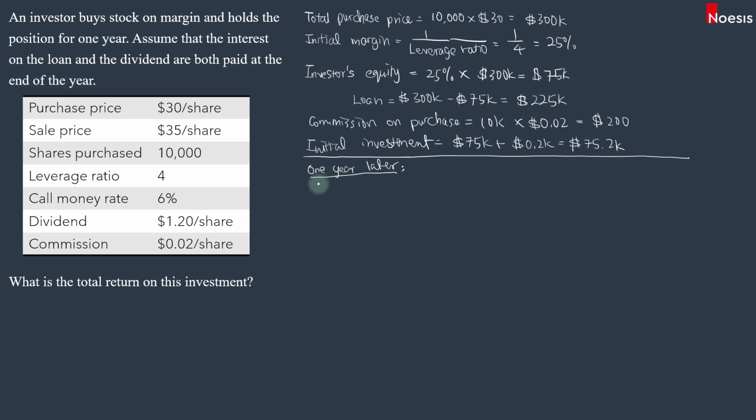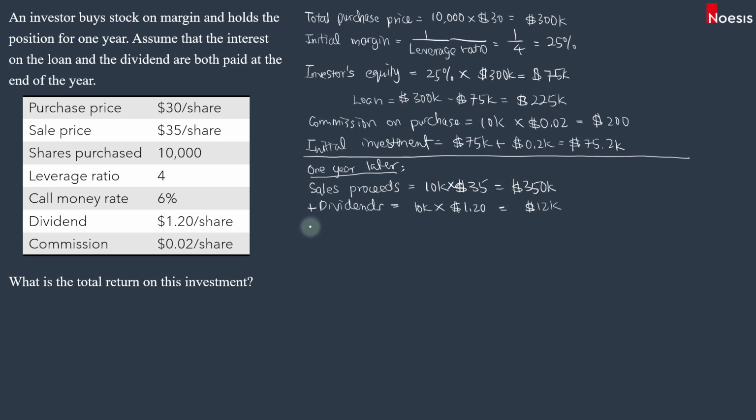So what do we need to account for? When the investor sells the shares, the sales proceeds will be 10,000 times $35 a share, so that will be 350,000, and then we'll add on the dividends. The dividends will be $1.20 a share, so 10,000 times 1.20, so that will be 12,000.